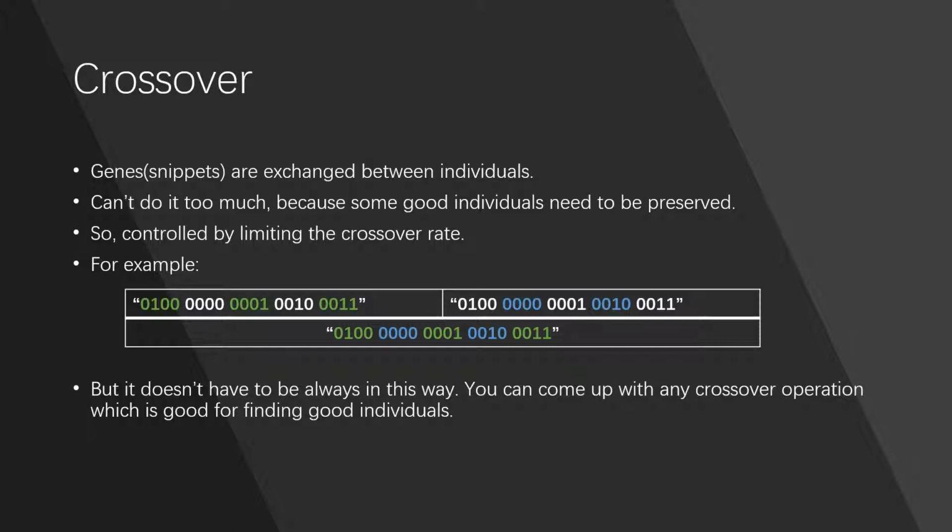For example, we are going to do a crossover between these 2 individuals coded as these 2 binary sequences, and we will just use some snippets of the sequence from the first individual and combine these snippets with some snippets of the coded sequence from the second individual.